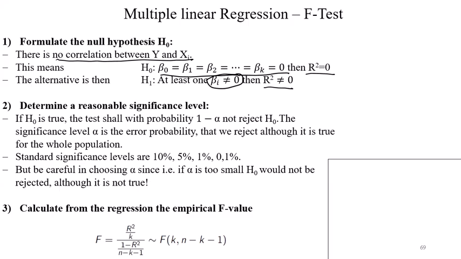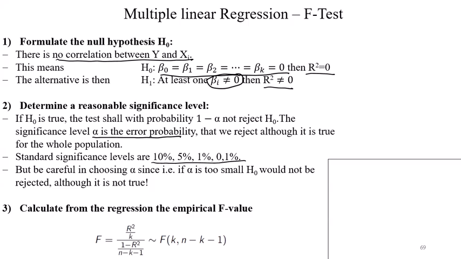Well, and then of course we have to choose our error probability. As I said, general standard significance levels are 10, 5, 1 or 0.5 percent. But of course you have to be careful that this error probability really is reasonable for your experiment.